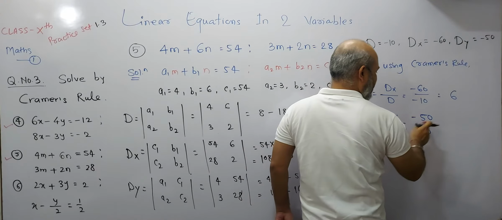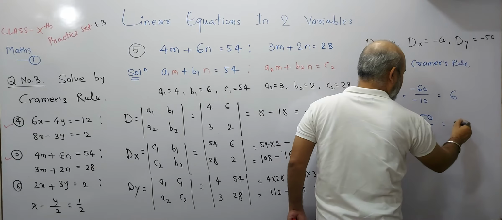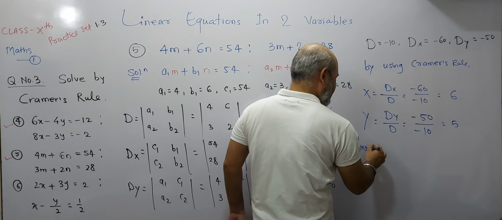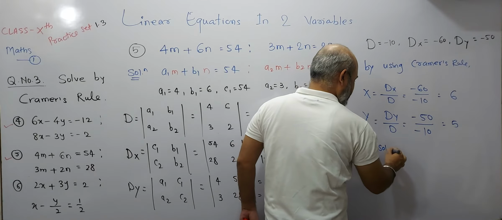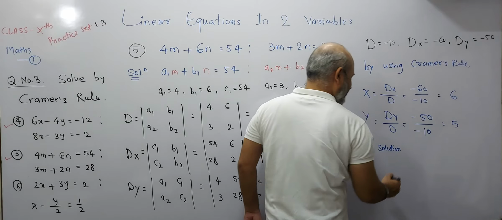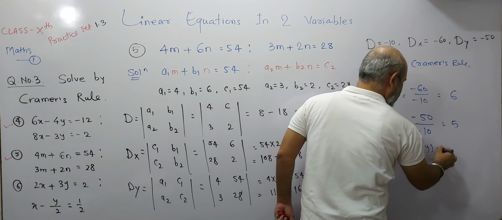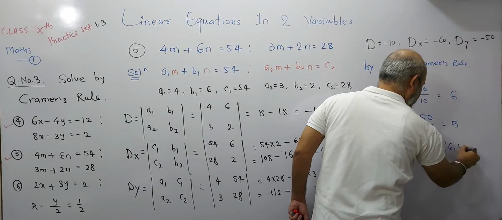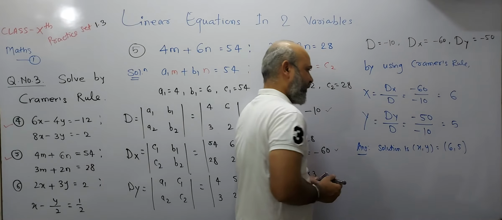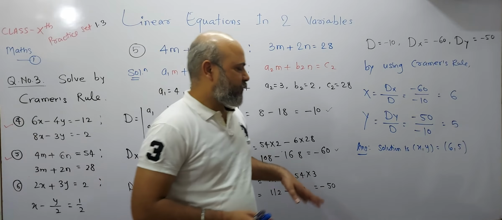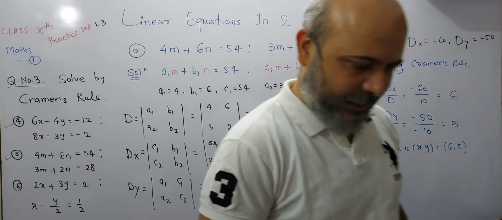The negative sign will cancel out, 10 5s are 50, so you will get 5. So the solution of the linear equations in two variables, x comma y, is x is 6 and y is 5. Okay students, in this way you are going to solve this equation by using Cramer's rule.